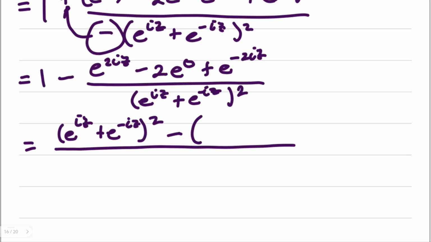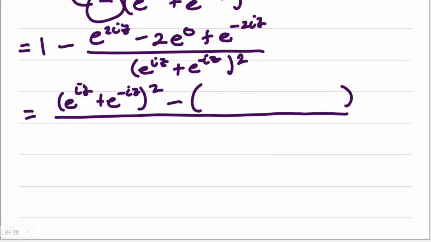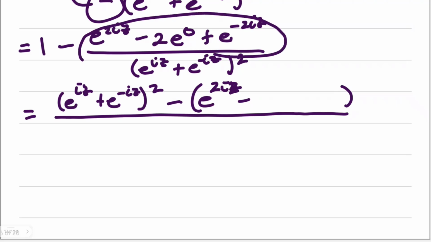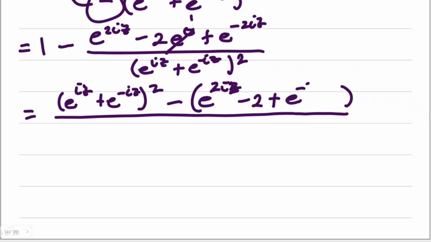Take note that we need to enclose them in parentheses. So you have e to the power of positive 2iz, again enclosed in parentheses because we're dealing with the subtraction of the entire expression here. So that's still minus 2. That becomes 1, right? You have here plus e to the power of negative 2iz. The denominator would still be like this.